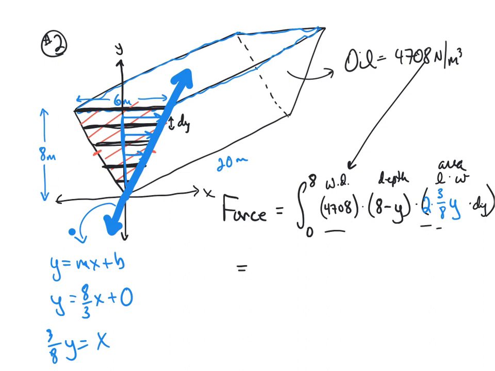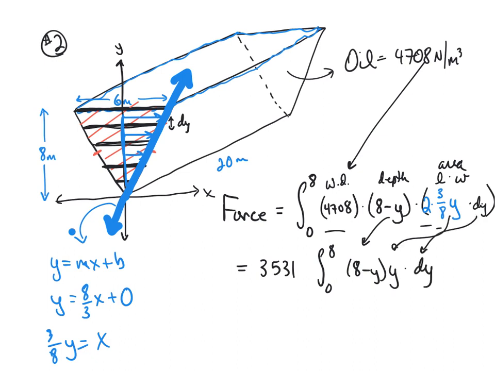Again, taking out any factors that I can right off the bat. So what I'm going to do is start by factoring out the 4,708, the 2, and the 3/8. And what I'm able to factor out then is 3,531. Let me double check that. Yep. And what I'm left with then is an 8 minus y, a y, and a dy.